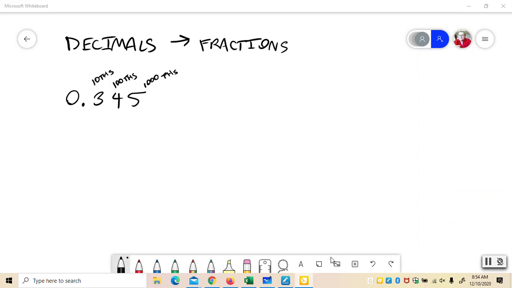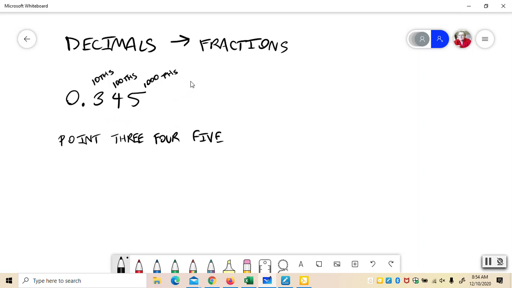Okay, and I referred to this in the last video I made, but this is also where the way we read this kind of makes a difference. The way that probably most Americans would read this number, they'd say 0.345.